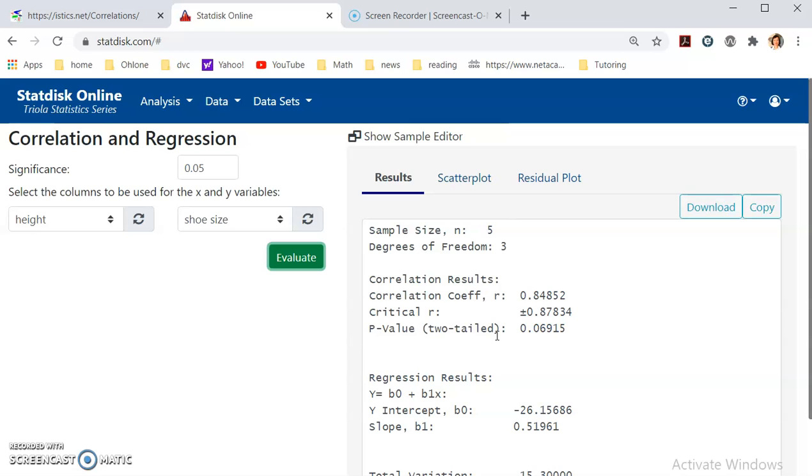The one that describes this set of data is correlation coefficient R. It tells you how related they are. The critical R is a threshold. It's plus or minus 0.8783. And there is a p-value. We'll talk about those later.